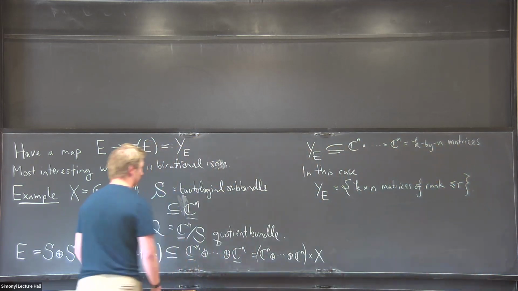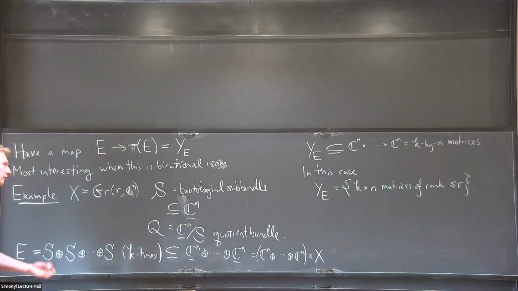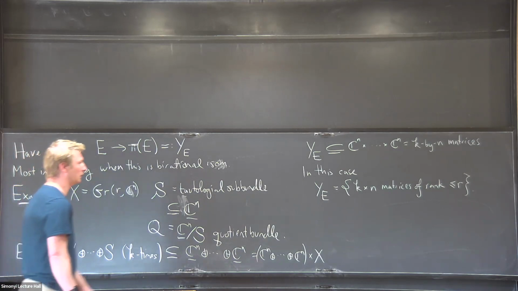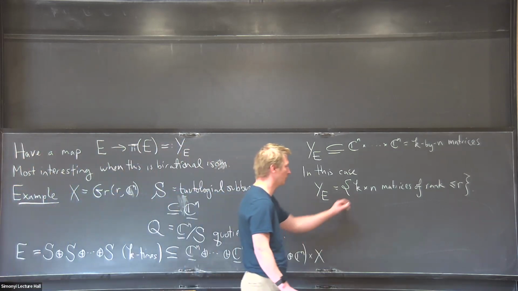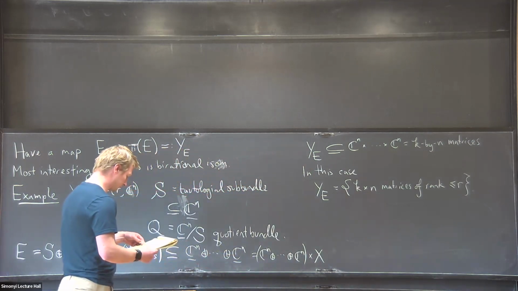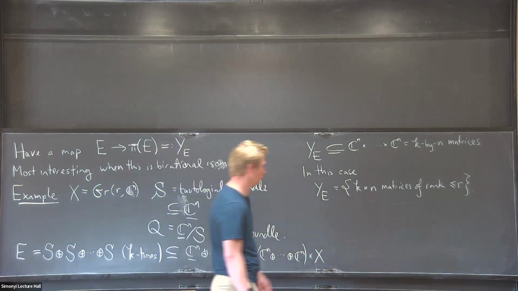So this is a very famous variety that has been studied. It's defined by the (r+1) by (r+1) minors of a K by n matrix of indeterminates. Okay, so example 2.